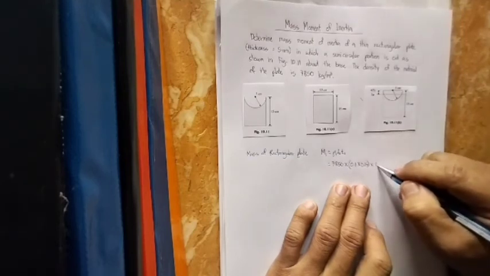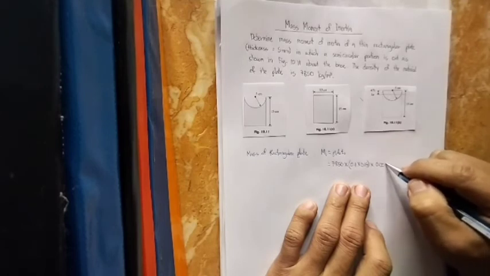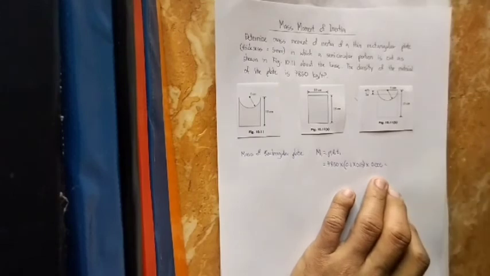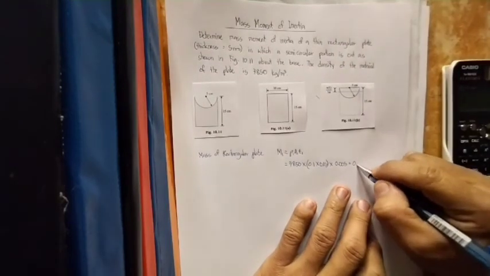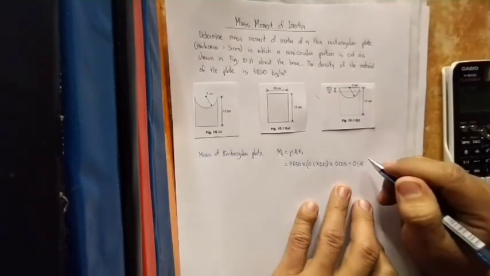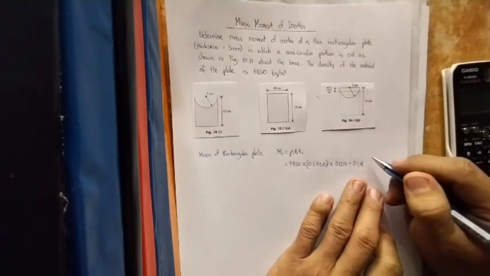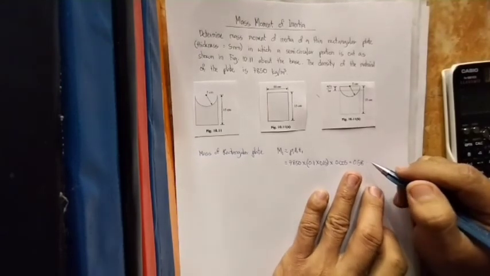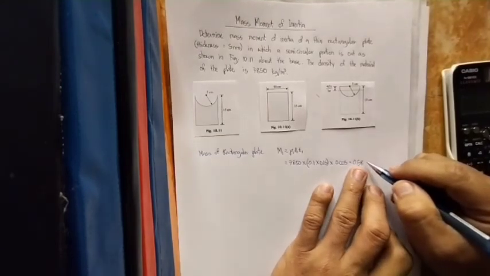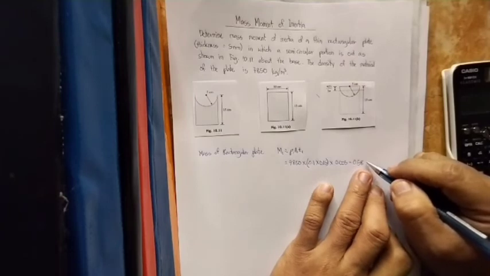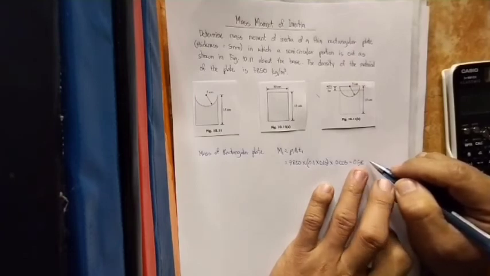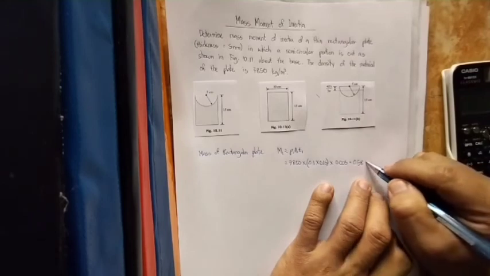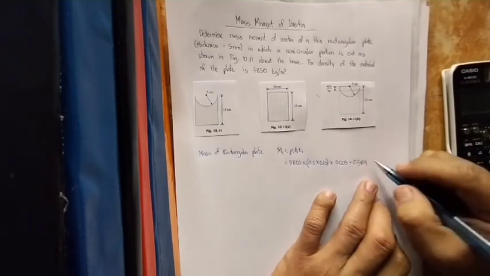Ang thickness natin is 0.005 equals to 0.58875. I-round up na natin siya sa 0.589 kilogram.